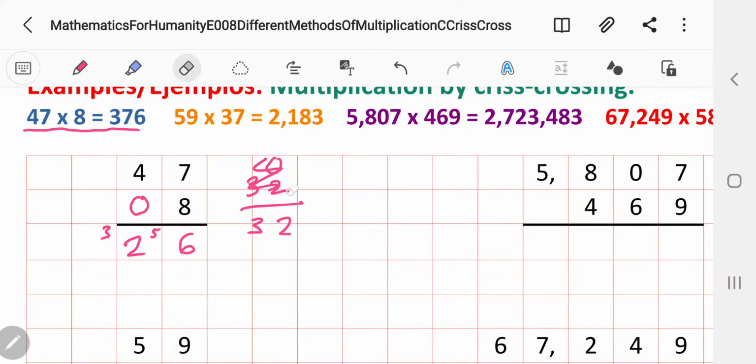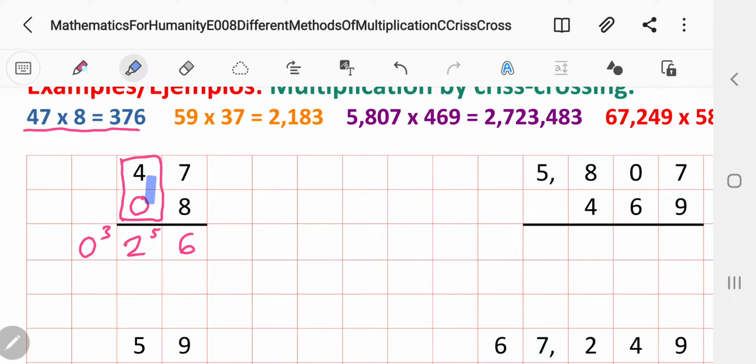So we erase this, and then we enclose the last column here. So 4 times 0 would just be 0. We have to multiply 4 and 0, and then we just have to put the 0 here.